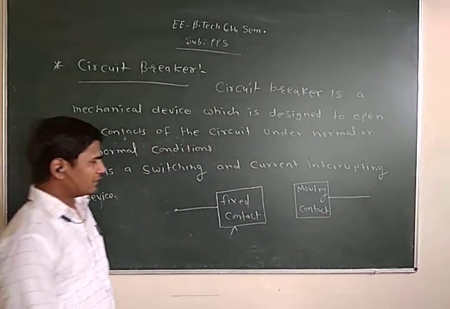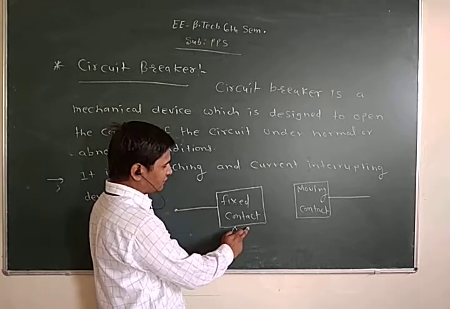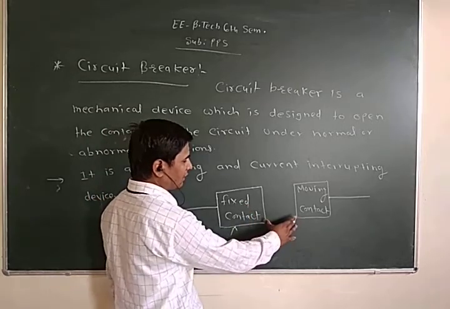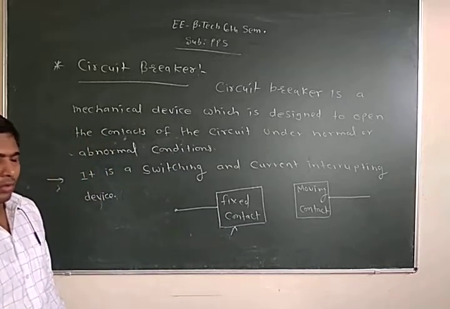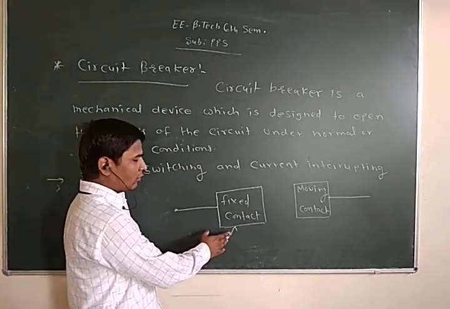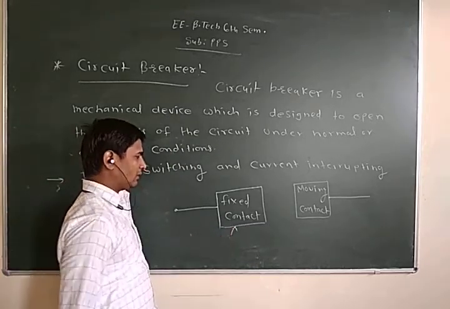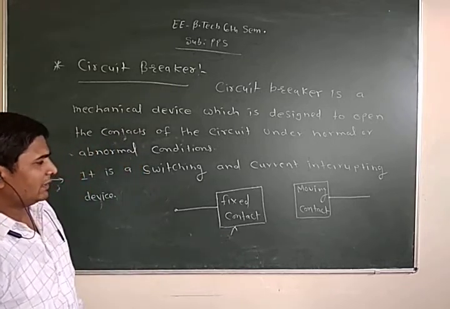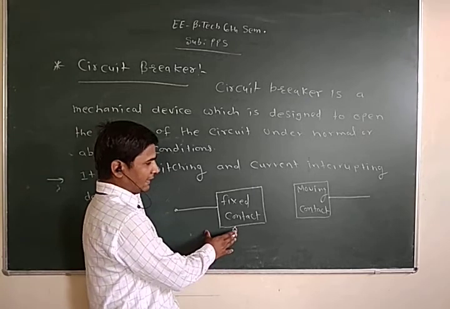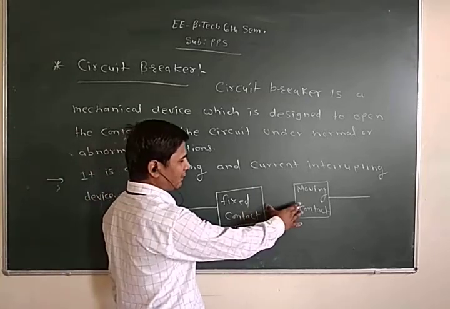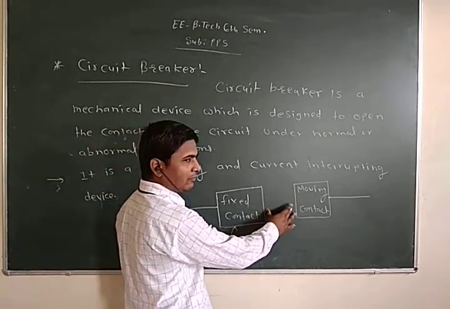In normal condition, both fixed and moving contacts are in touch with each other. So, our circuit breaker carries the normal current, but in case of abnormal condition or if there is any fault in the circuit, then the contacts of the circuit breaker are separated from each other.